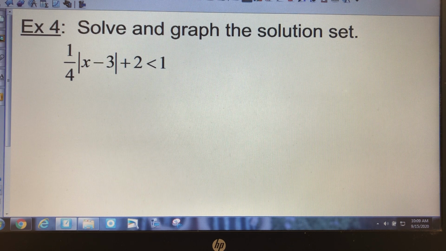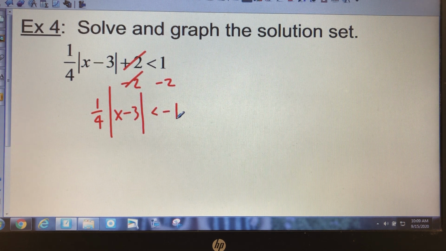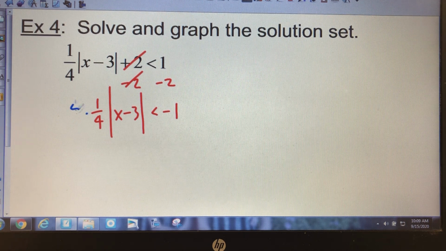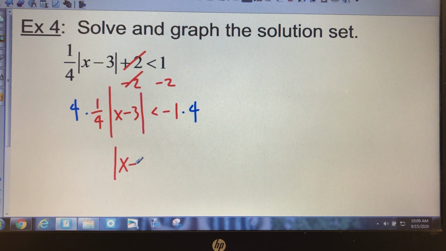All right, so again, we got to get that absolute value part by itself. So we got to subtract the 2 first. Okay, and then we're going to multiply both sides by 4. That's the easiest way to do this one. So multiply both sides by 4. That gets you the absolute value by itself.